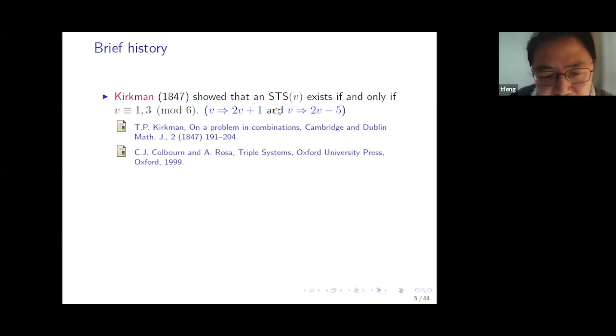Because we know that STS(7) exists, using this construction we know STS(15) exists. Another recursive construction goes from v to 2v minus 1. Kirkman only used these 2 recursive constructions, together with one small example, the STS(7), and he could prove that the necessary condition v is 1 or 3 modulo 6 is also sufficient.